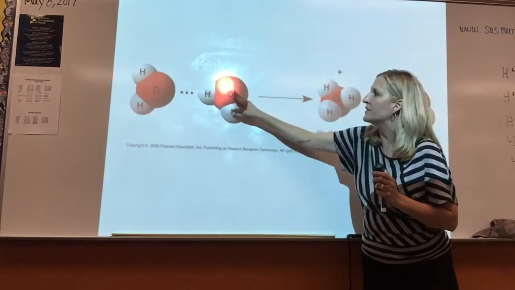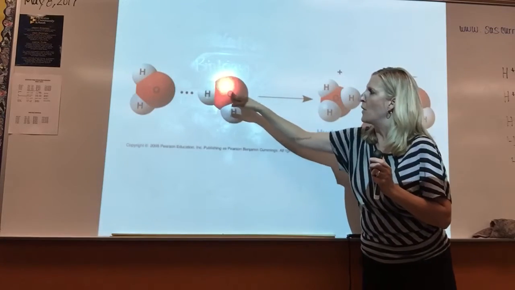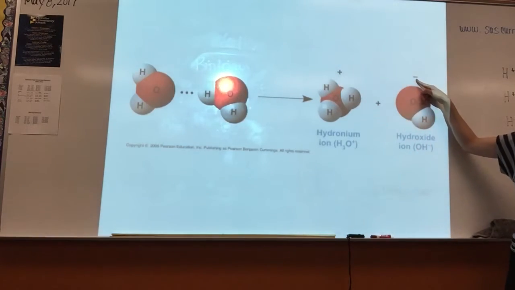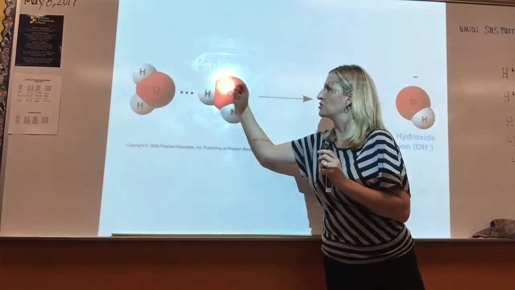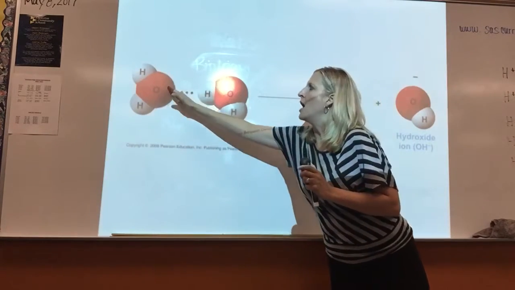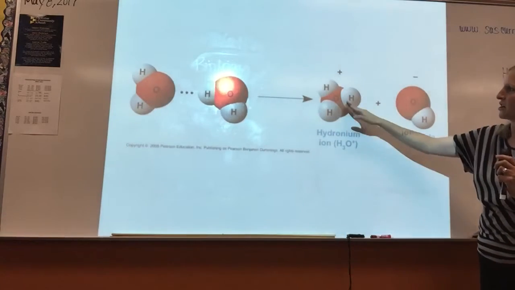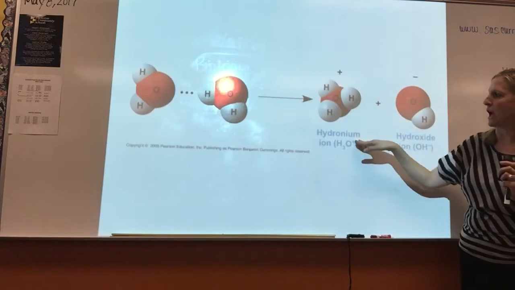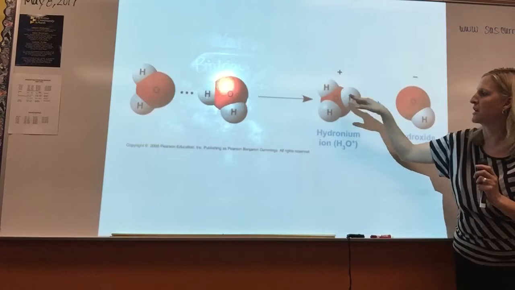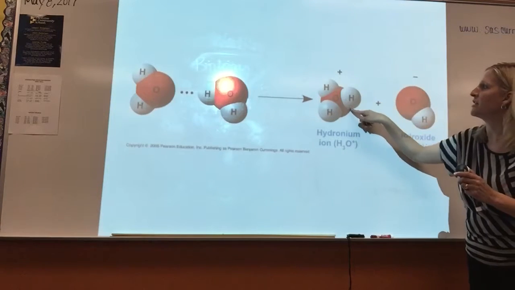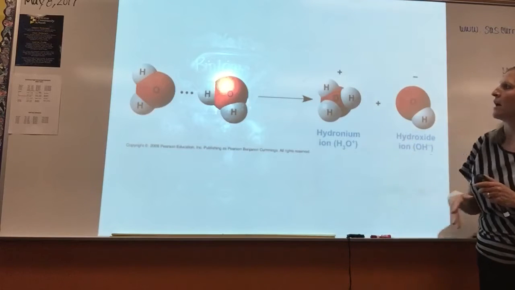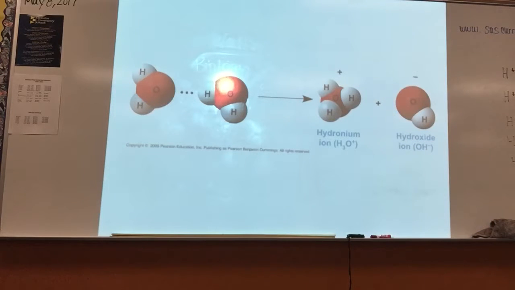This hydrogen leaves its electron with this OH, giving it a negative charge. The hydrogen that now has a positive charge because it left its electron is attracted to the oxygen, and so we have what's called the hydronium ion, or H3O, with a positive charge, because the hydrogen it just gained gives it an extra positive charge.